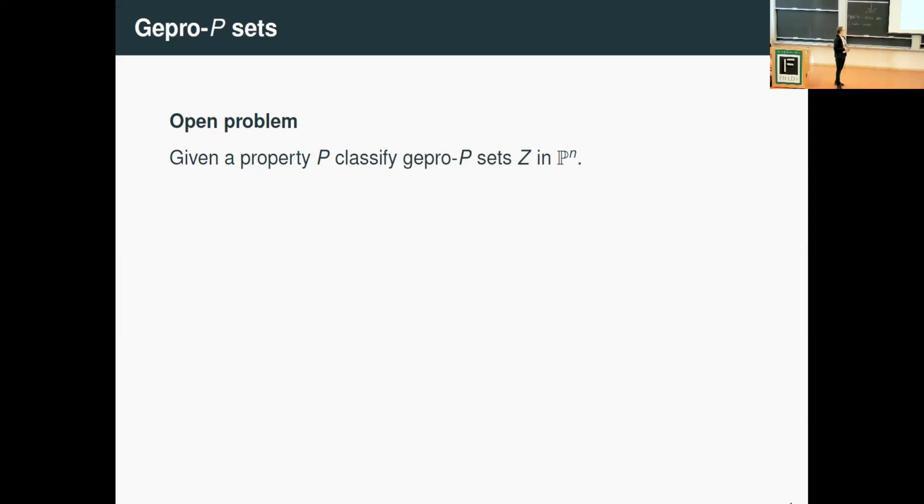They are very open, and the first is: given a certain property, classify Geproci sets in P^n. It is very, very general, and this is the starting open problem. You can consider a property like being Gorenstein, and then you can try to classify Gepro-Gorenstein sets in P^n.